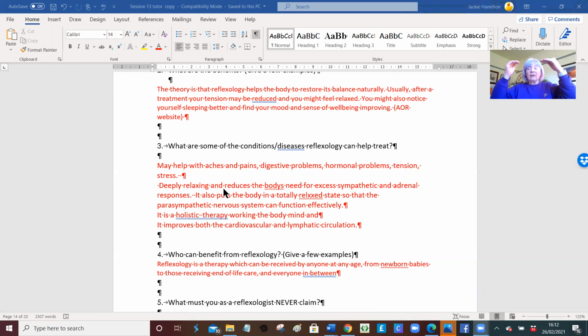What reflexology does is bring that down so that you can function effectively with a balance between the two. You need a balance between the two, otherwise you wouldn't get out of bed. The parasympathetic and the sympathetic, but that's where you get the homeostasis from.